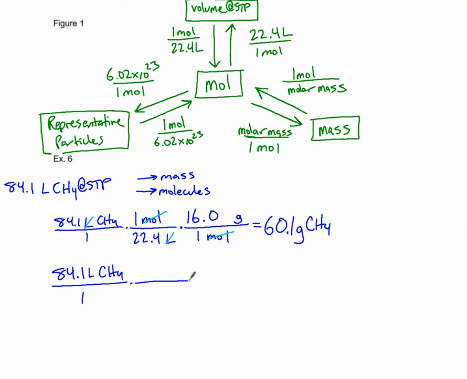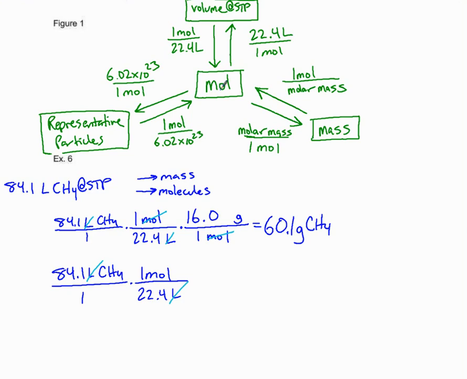And in order to find molecules from liters, we have to do two steps. So the first arrow tells us to use this conversion, 1 mole over 22.4 liters. The clue that this works is that liters will cancel, and now we have moles. We are here.